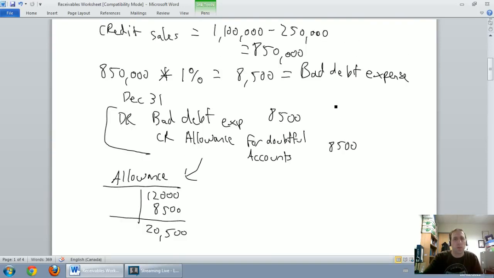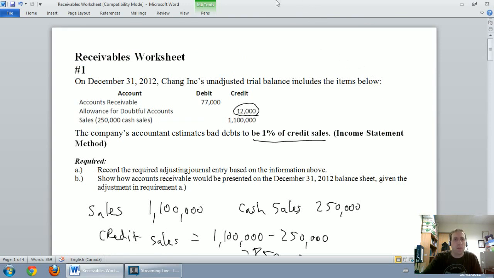We have our receivables, which is an asset, in this case $77,000. Then we have this account called the allowance. And this account, just like the accumulated amortization account, if you're thinking back to your earlier chapters, represents a contra asset. In other words, it sits with your asset, but it works against the asset.